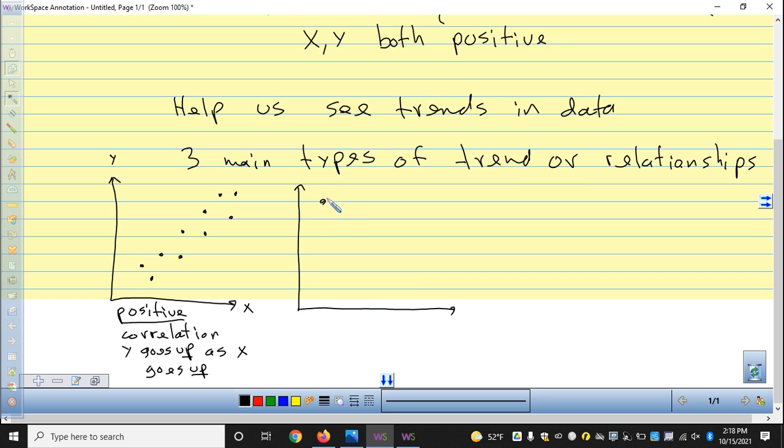If our data looks like this, something like this, where the graph seems like it's going downhill, we say this has a negative correlation.